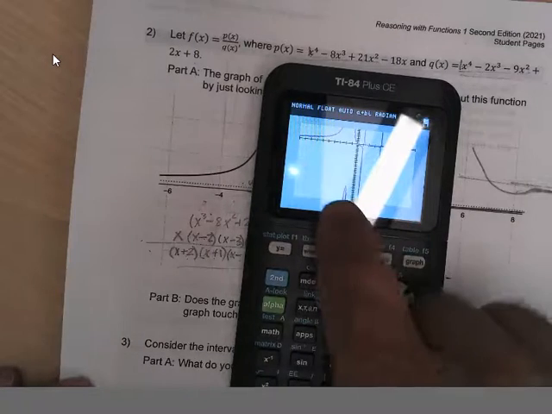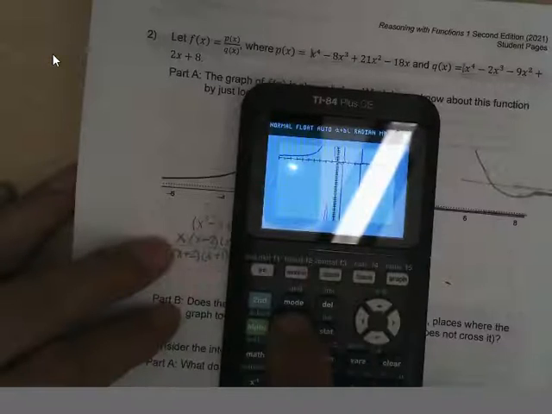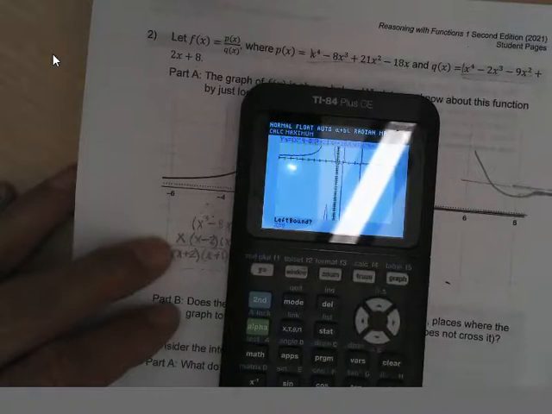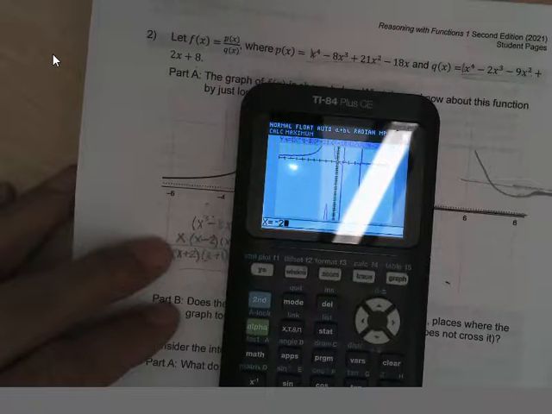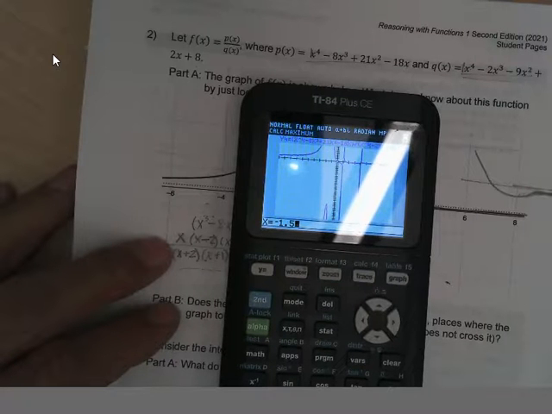So I have a maximum somewhere between minus 2 and minus 1. Let's find it. Second, calculate the maximum between negative 2 and negative 1, and I'm going to look at negative 1.5.